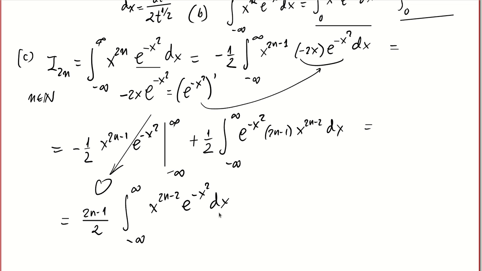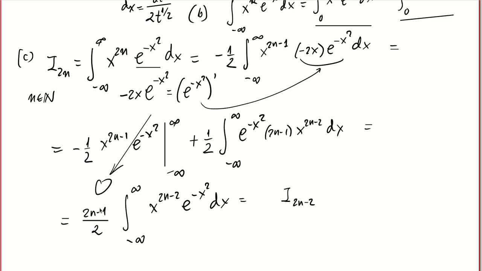And if we compare this with the original integral, we see that the exponent has changed, but that's the only thing that has changed. So we have exactly the same integral, but with index 2n-2, which is now the exponent that you see here.